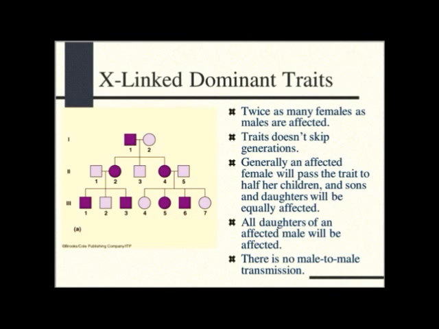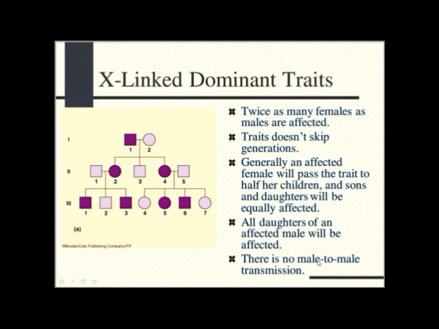If we look at this, we see that in an X-linked dominant trait, twice as many females are affected. It doesn't skip generations. Generally, an affected female will pass the trait to half her children, and sons and daughters will be equally affected. All daughters of an affected male will be affected. There is no male-to-male transmission.